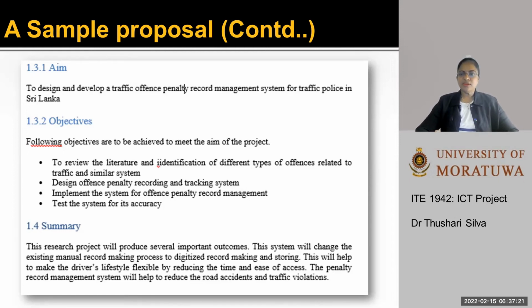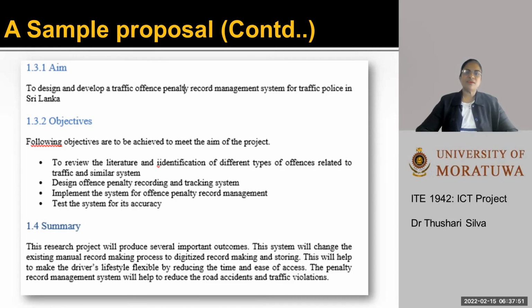And I need to talk about objectives now. So these objectives will be followed to achieve the aims of the project. Review the literature and identify different types of offenses related to traffic and similar systems, design and development of the offense penalty recording and tracking system, implementation of the system for offense penalty record management, and test the system for its accuracy.